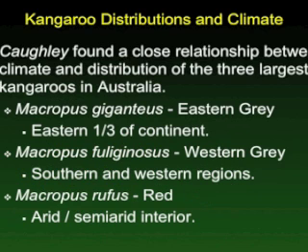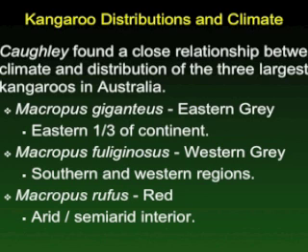An interesting study of the distribution of animals was done by Cowley in Australia, the distribution of different types of large kangaroos. He and his colleagues found that the eastern grey kangaroo mainly lived in an area of Australia where most of the rain would fall in the summertime. And then they found that the western gray kangaroo occurred mainly in the southern part of Australia, where the majority of the rainfall occurred during the winter time.